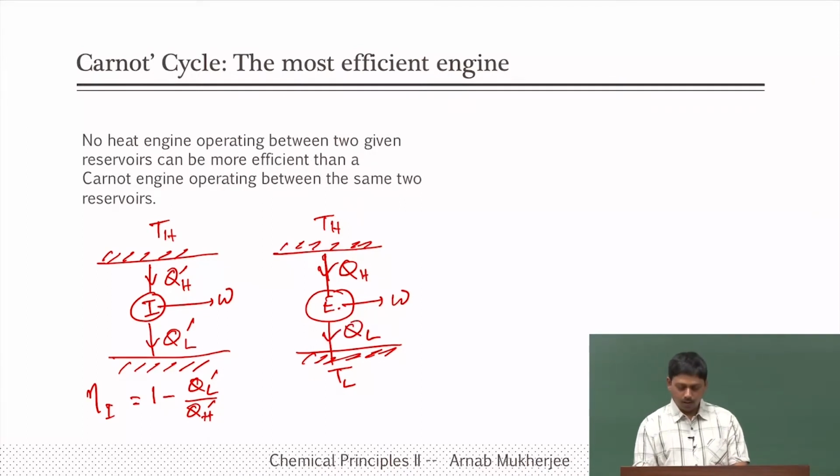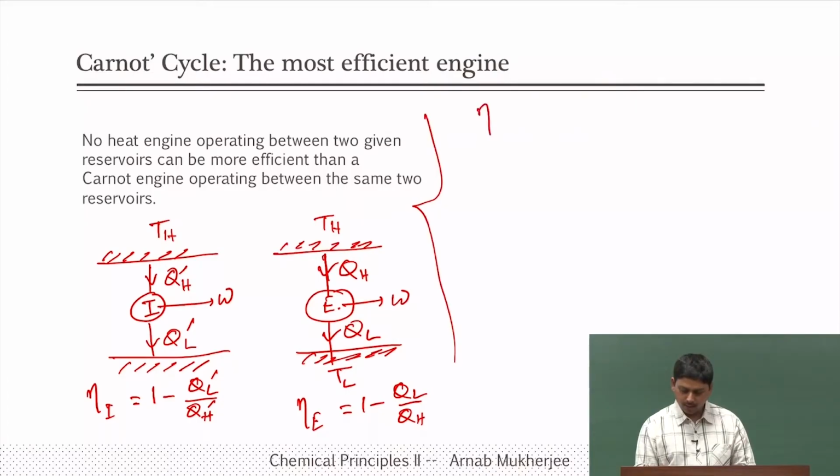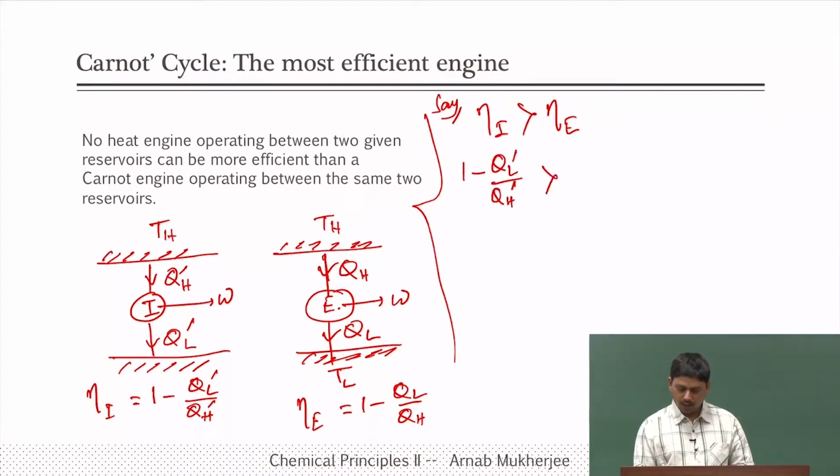So, the efficiency of this Carnot engine E is 1 minus QL by QH. Now, let us say for the argument's sake that the efficiency of the irreversible engine is greater than that of E. That means 1 minus QL prime by QH prime is greater than 1 minus QL by QH.